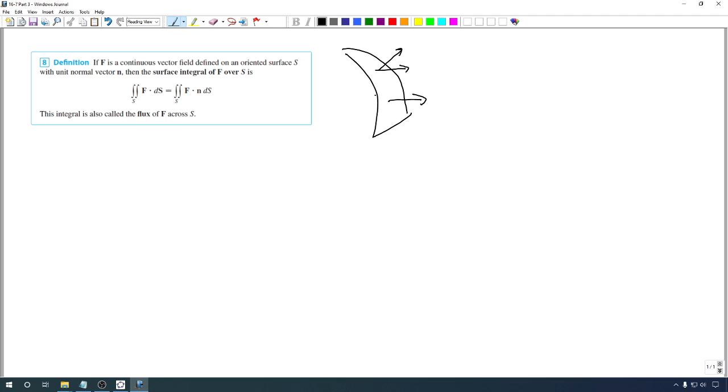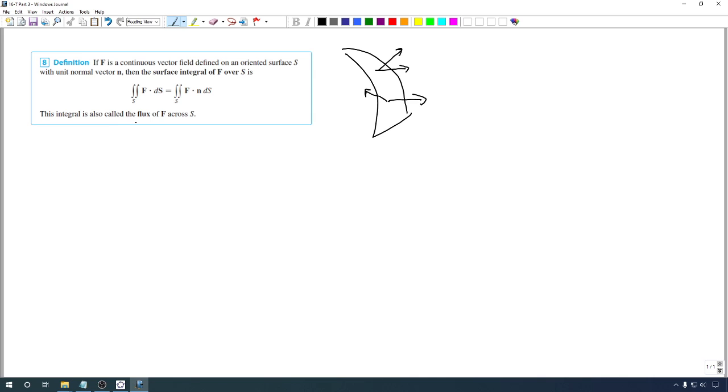But if down at this point our vector field is going in that direction, it's going the wrong way, backwards through there, and the dot product of these two vectors is going to be negative. So we end up getting positive results through some parts of the surface, negative results through other parts, but they correspond to what direction the vector field is moving through the surface.